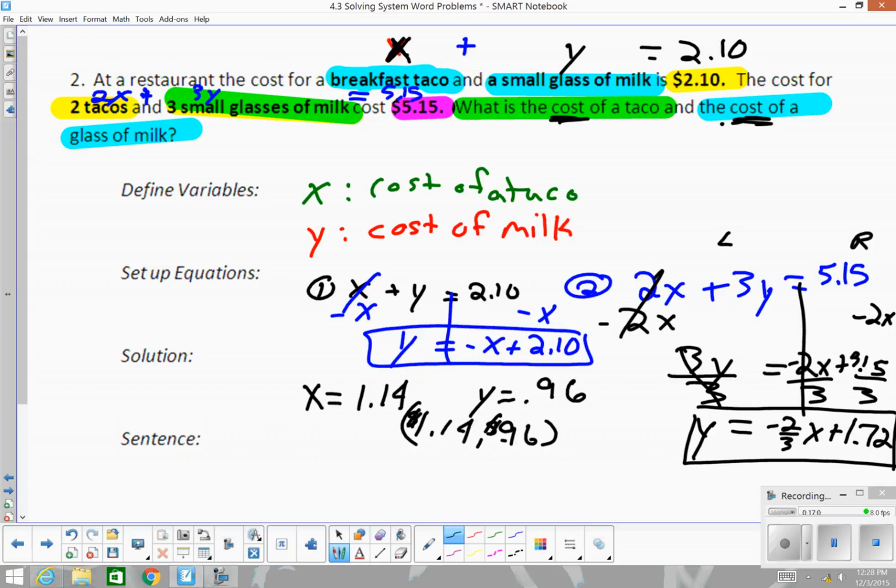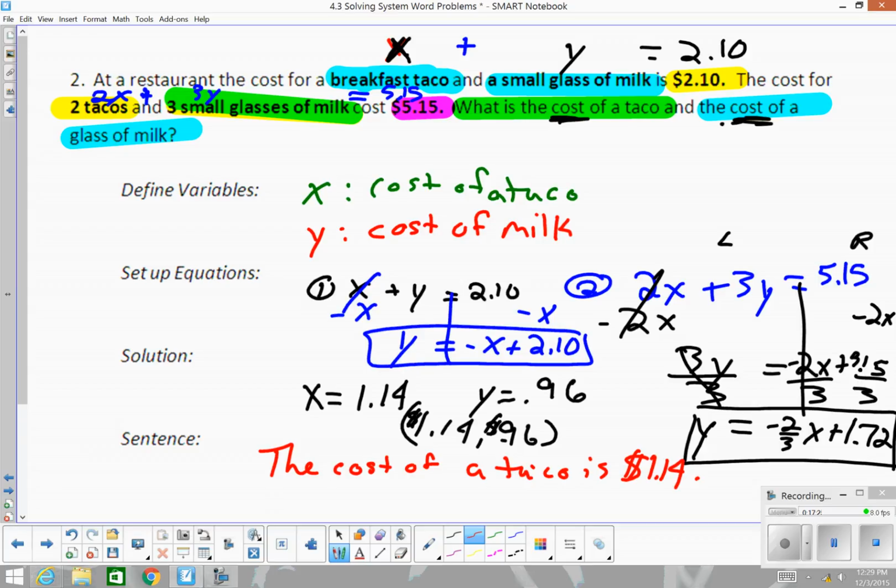So now when I go ahead and write a sentence, I'm going to write just that. The cost of a taco is, which one was a taco? X. The cost of a taco is $1.14.